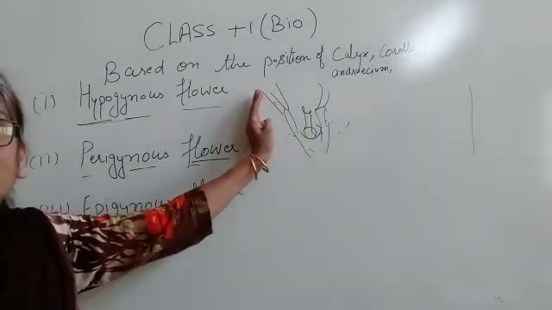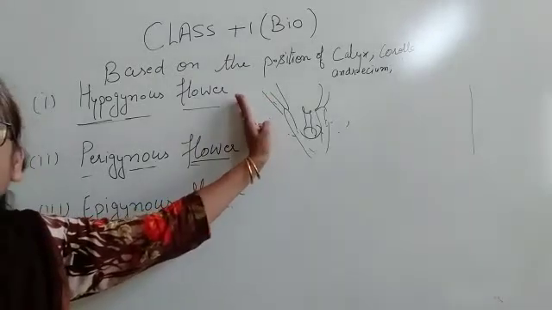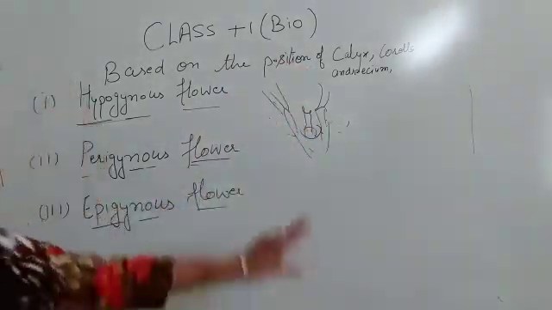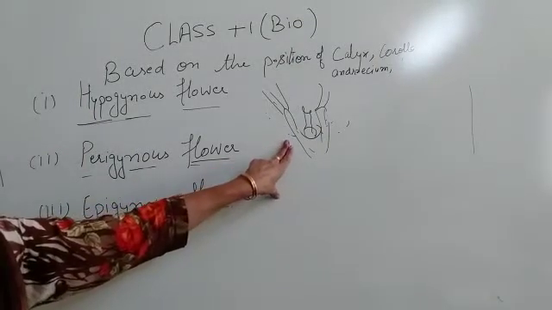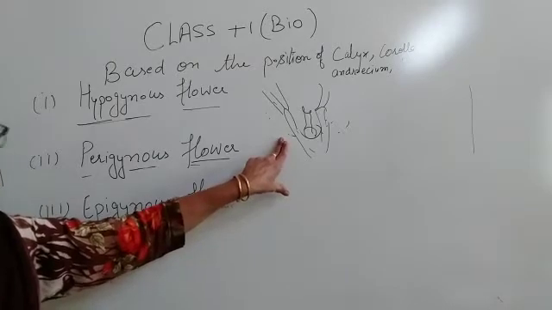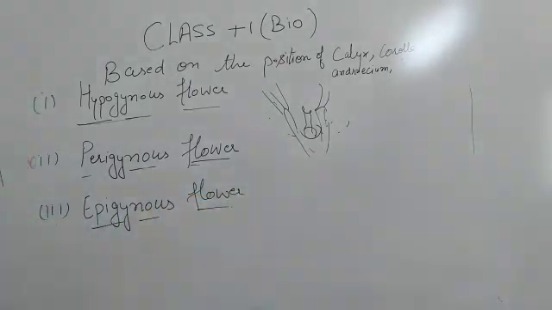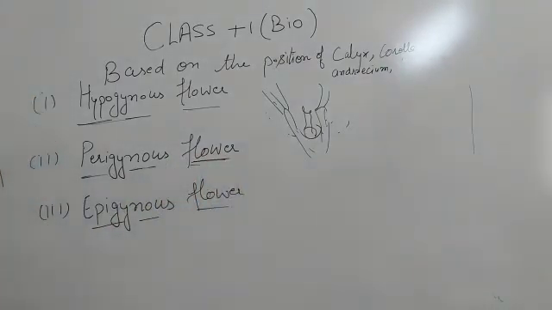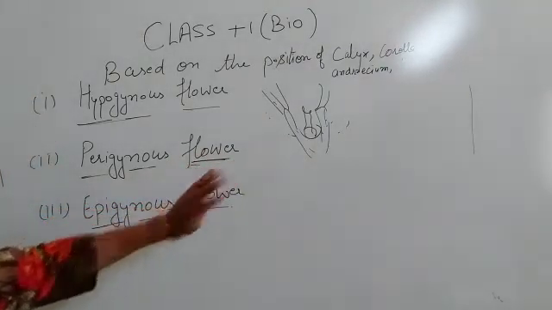Calyx, corolla and androecium, means sepals, petals, stamens, will all grow above. The ovary has come down. Now this ovary is inferior. In this case, the ovary is inferior, right? This type of flower or arrangement comes under perigynous flower. Clear? We call that perigynous flower.